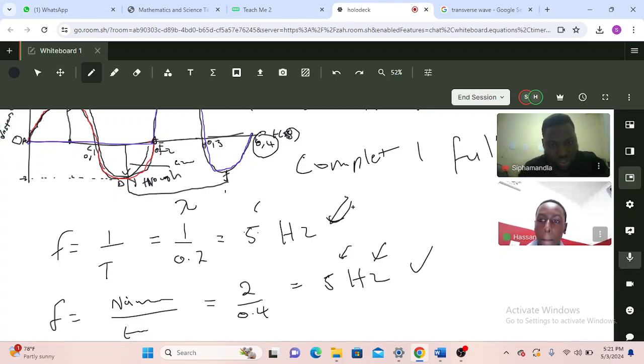But I would suggest that you use the first one if you can. If you have the time to complete even 1 cycle, use that. But if they gave you the number of completed cycles and the total time, or they didn't give you the time for one cycle but they gave you this one, you can use it because you can detect how many completed cycles you have and also the total time.